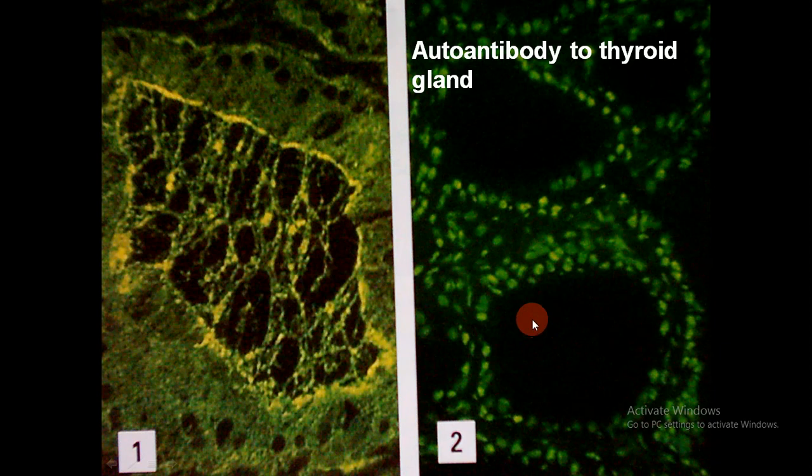This is examined under the fluorescent microscope, and we see the apple green color of the tissue, for example autoantibodies to the thyroid gland, autoantibodies against the thyroglobulin or against the thyroid cell.